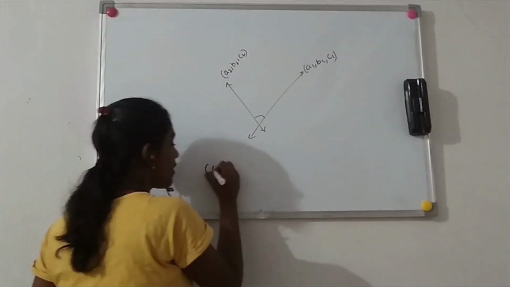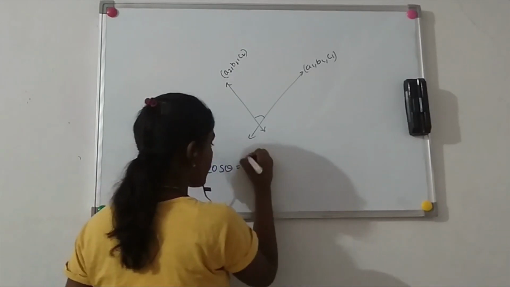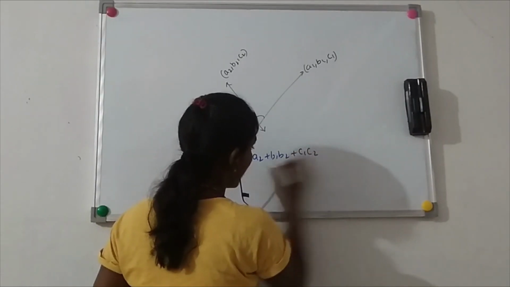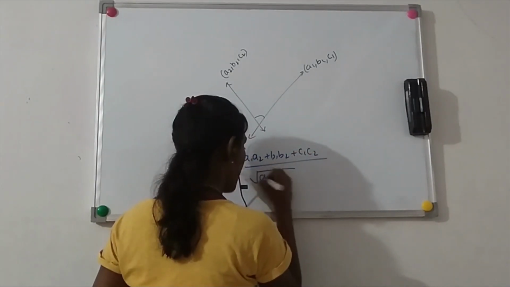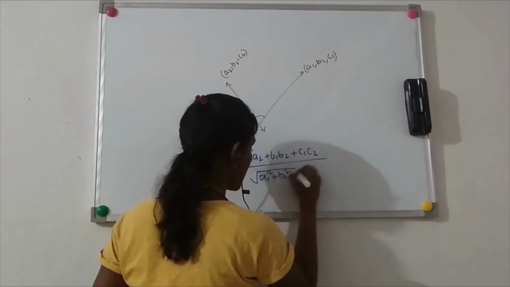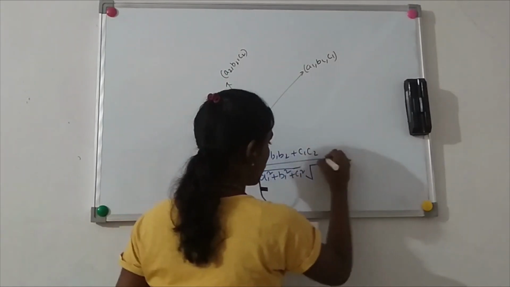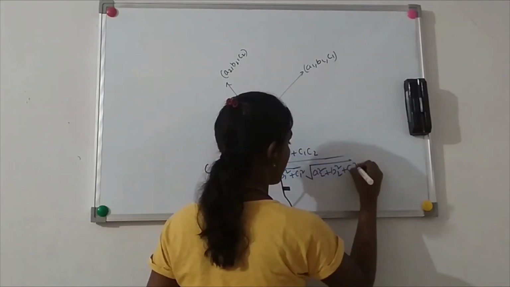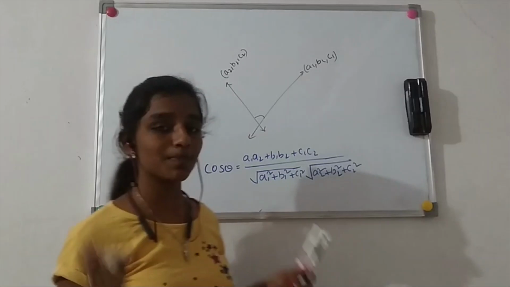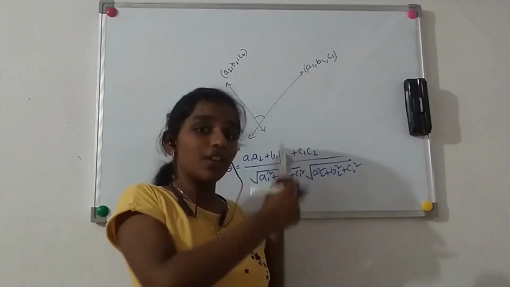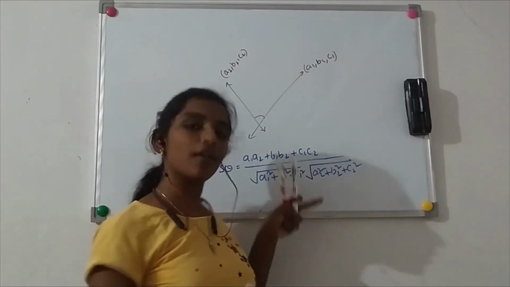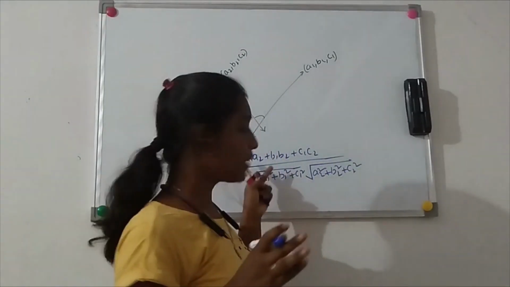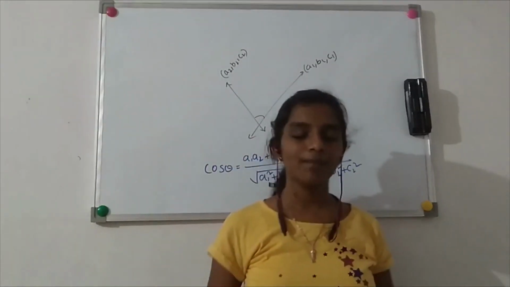That is cos theta equals (A1 A2 plus B1 B2 plus C1 C2) by root of (A1 square plus B1 square plus C1 square) into root of (A2 square plus B2 square plus C2 square). The same formula, but there the DRs were of the normals of the planes, and here the DRs are of the lines themselves. That is very simple, same as what we learned in the plane concept, right?